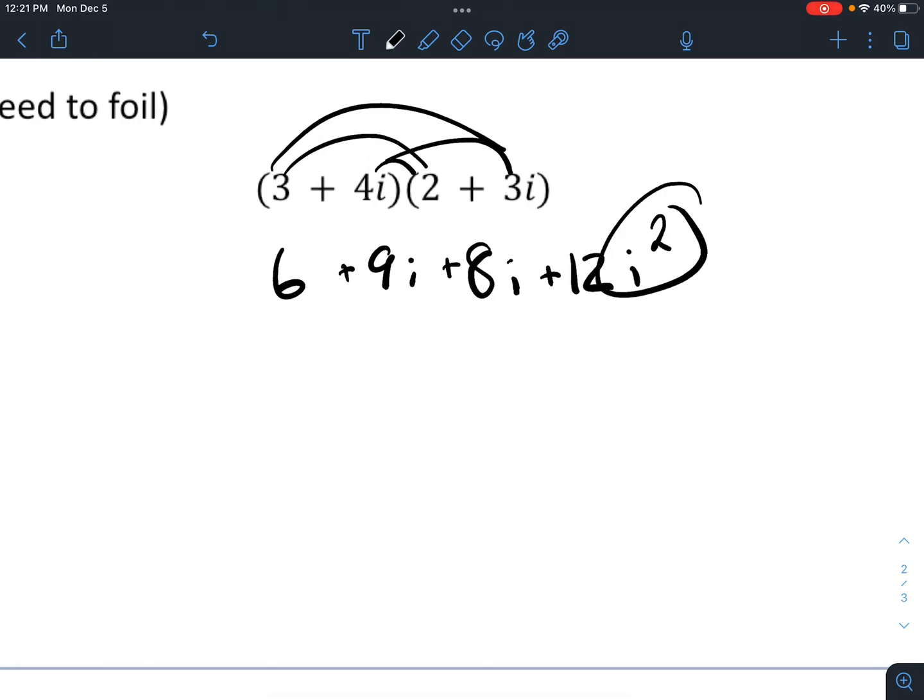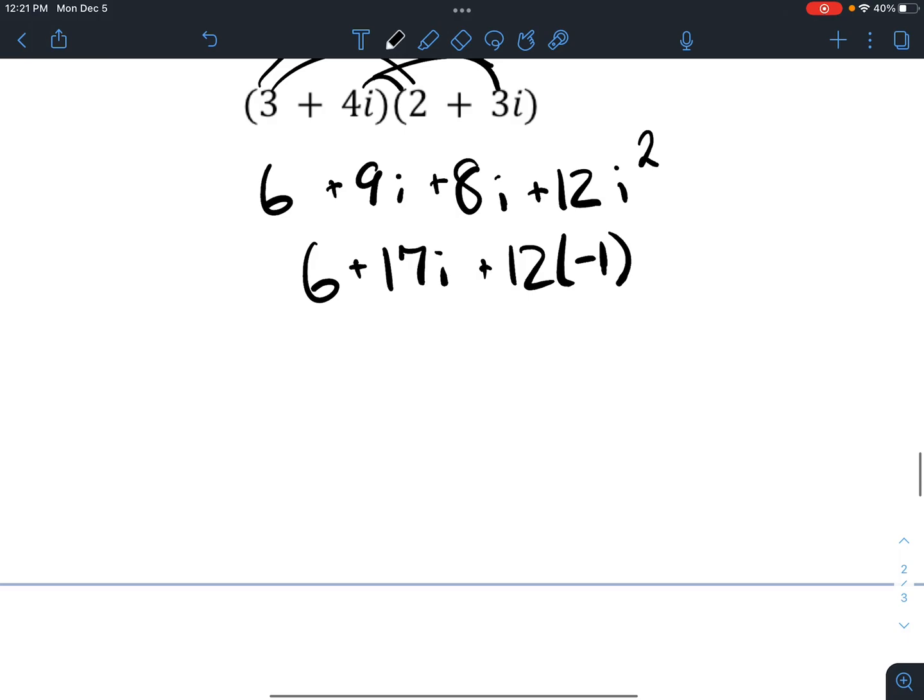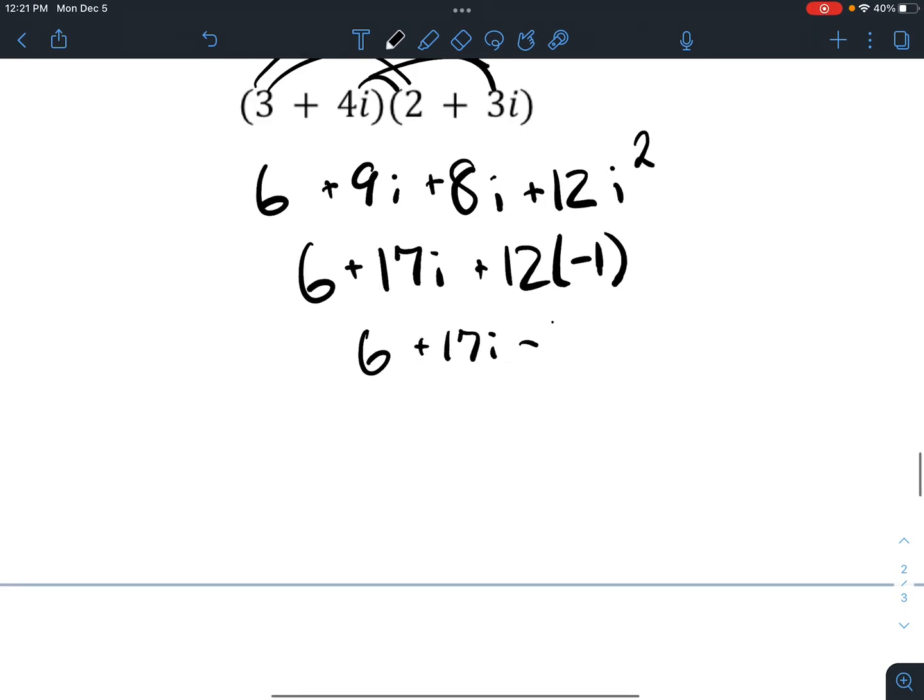So combining like terms and plugging in, we're going to have 6 plus 17i plus 12 times negative 1. So that's going to be 6 plus 17i minus 12. So negative 6 plus 17i.